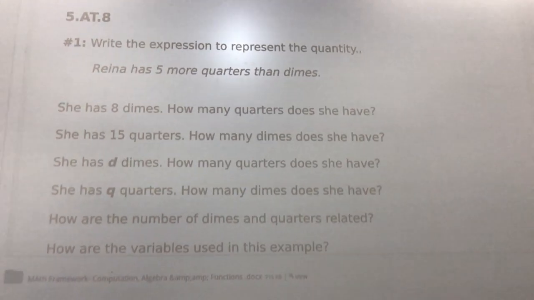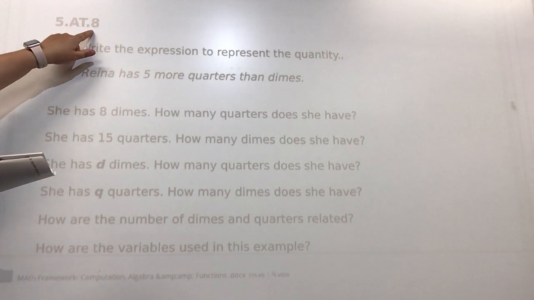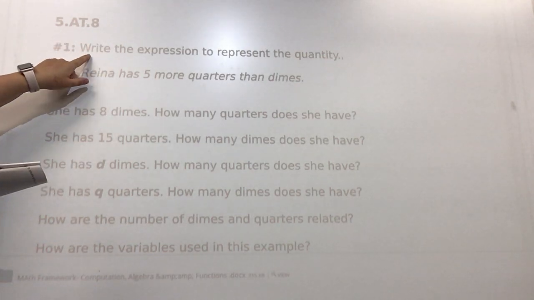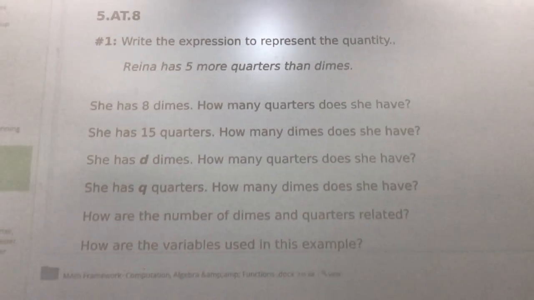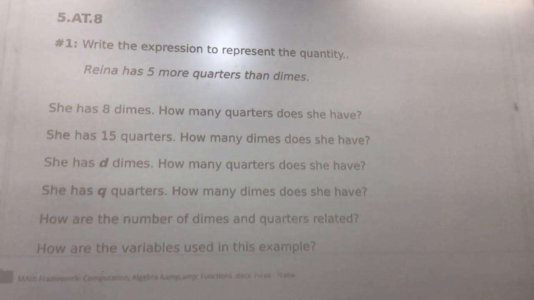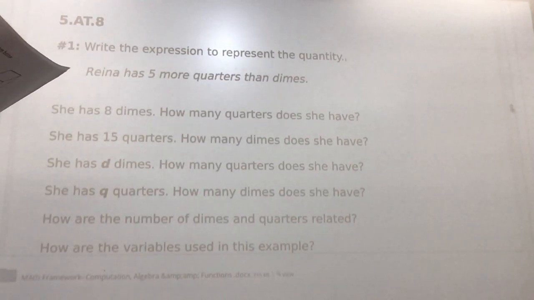All right, in your packet, flip to where it says 5.at.8. It says number 1, write the expression. So we are skipping around in our packet. I skipped a couple pages. It says write the expression to represent the quantity.